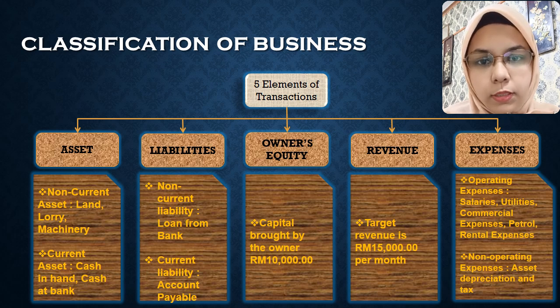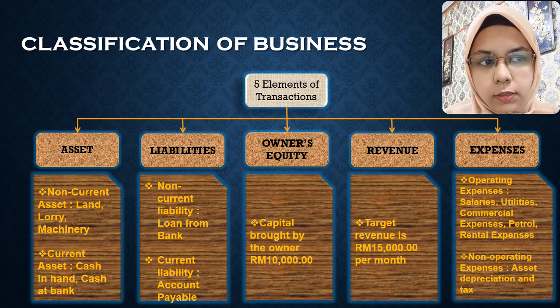The last element that I want to discuss is expenses. Expenses are spending habitually incurred by the company on a monthly basis for the business operation. Expenses can be classified into two classes. The first one is operating expenses, and the second one is non-operating expenses.